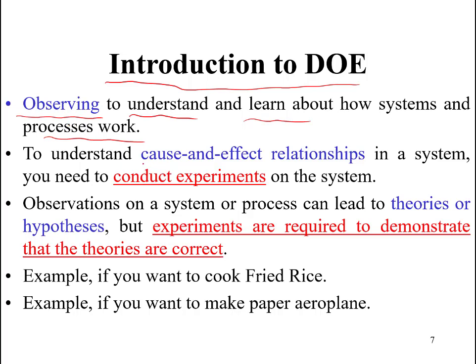This observation is needed to understand the cause and effect relationship in a system. And to understand these cause and effect relationships, we need to conduct experiments on that system or process.